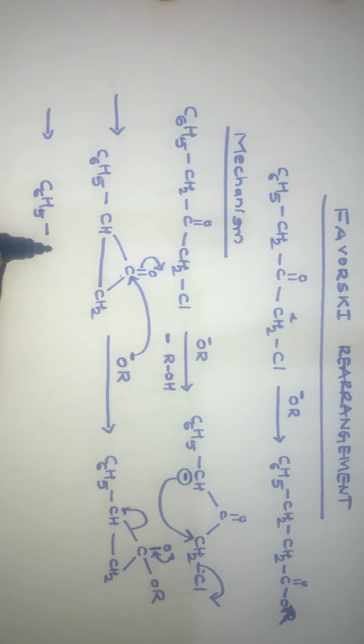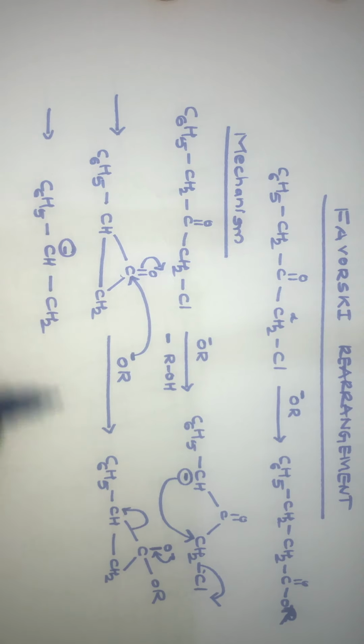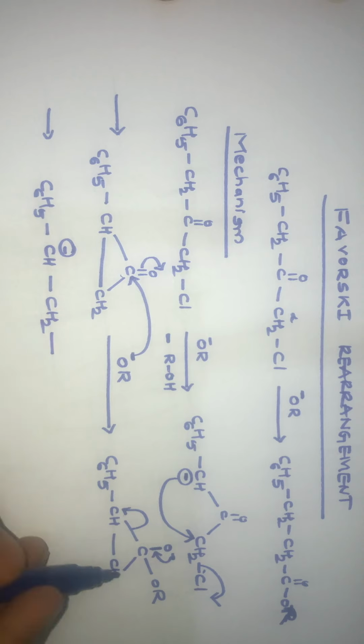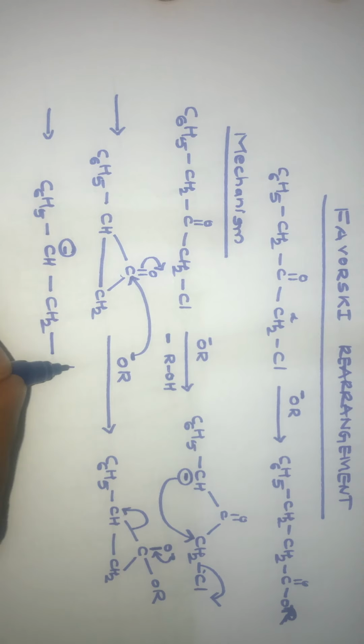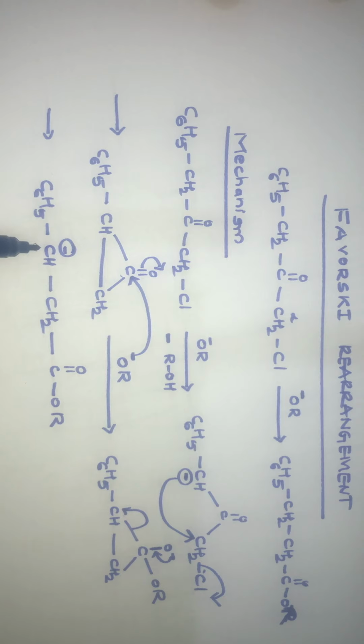C6H5 CH minus, bond breaks. You have CH2 here. This is a CH2. This is linked to this C double bond O OR. This anion is resonance stabilized. So if the bond breaks the other way, whatever anion is formed is not so stable.